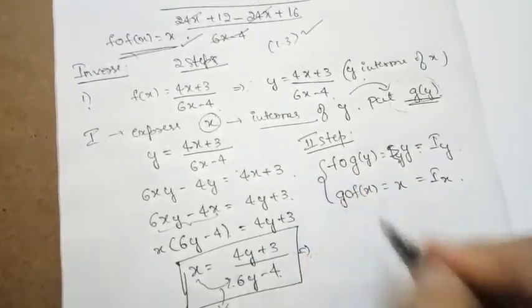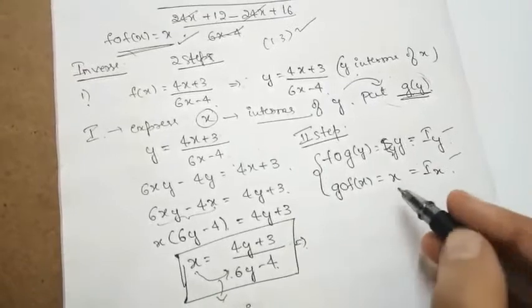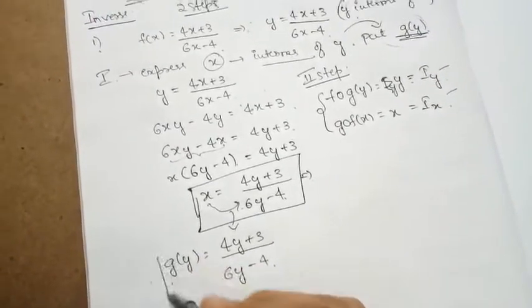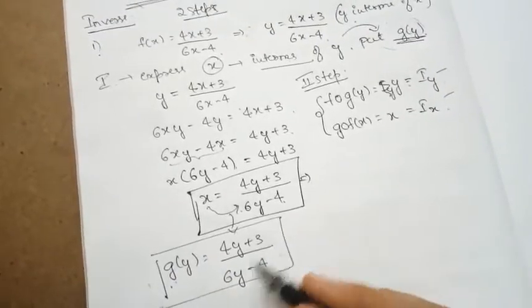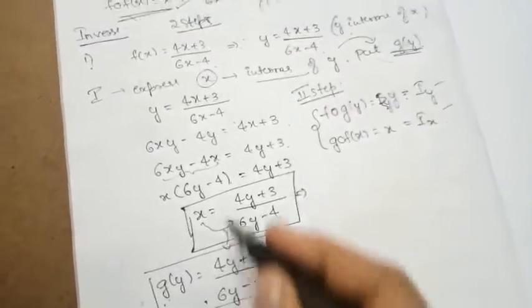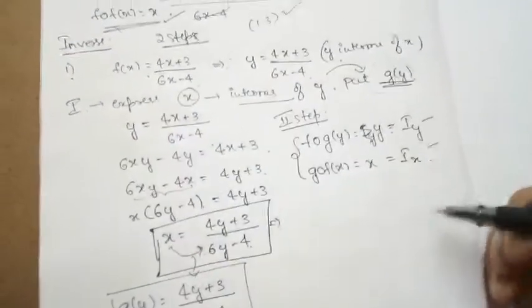We need to show these two parts. If we show these two parts, then the function we have considered, g of y equal to 4y plus 3 divided by 6y minus 4, becomes the inverse of the given function f.